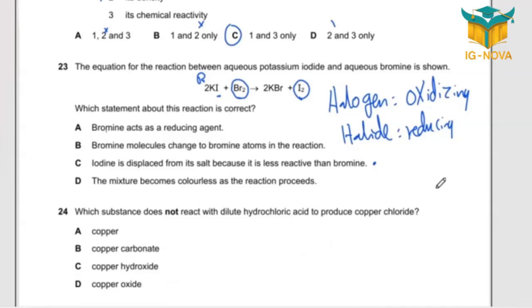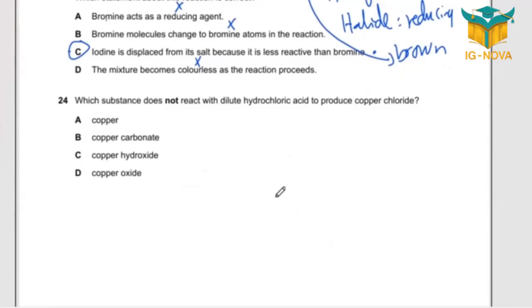Okay? Why is the halogen oxidizing? Because it gains electrons. And why is the halide reducing? Because it loses electrons. Okay, let's see. Bromine as a reducing agent, wrong. Bromine is a halogen, oxidizing. Bromine molecules change into bromine atoms, wrong, into bromide ions. Don't forget iodine is displaced from its salt because it is less reactive than bromine, right, I accept. The mixture becomes colorless, wrong, because iodine is a brown solution. So option C is correct.